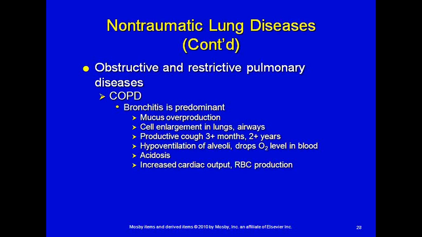Bronchitis is the predominant COPD, and it results in an overproduction of mucus. There's a cell enlargement in the lungs and the airways. It typically can have a really productive cough, for 3 months up to 2+ years, on and off.